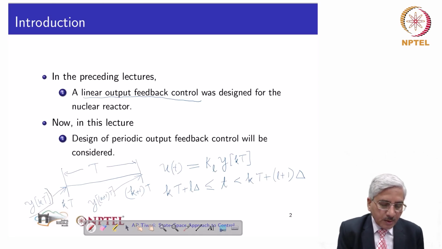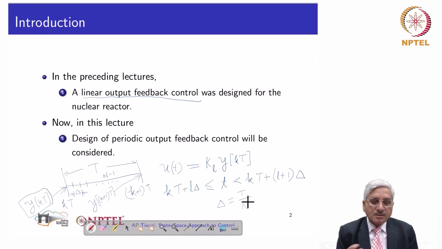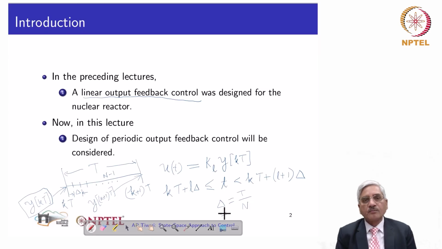Based upon these samples, we have divided this into n small intervals, each of width delta. The time duration between these sub-intervals is delta, and delta is T by n. So one large time interval T, at which regular samples of output are collected, is divided into n sub-intervals of time, each of duration delta.